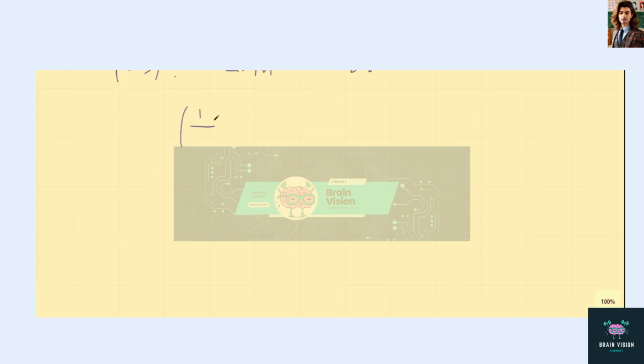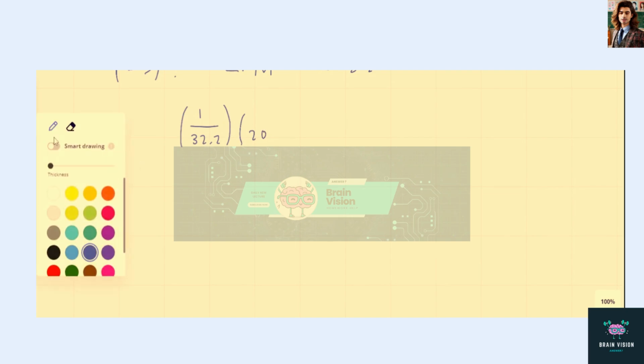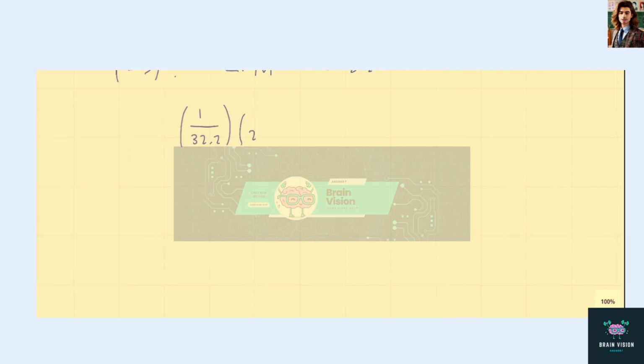So its mass is 1 over 32.2. So its weight is 1 pound divided by g, which is 32.2 feet per square second. Its initial velocity is 20 feet per second. And again, we take the right direction as positive. The block is at rest, so its momentum is 0.